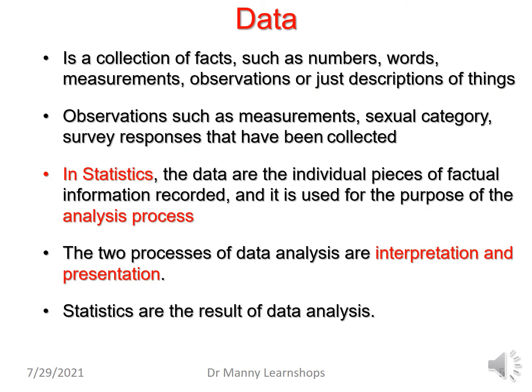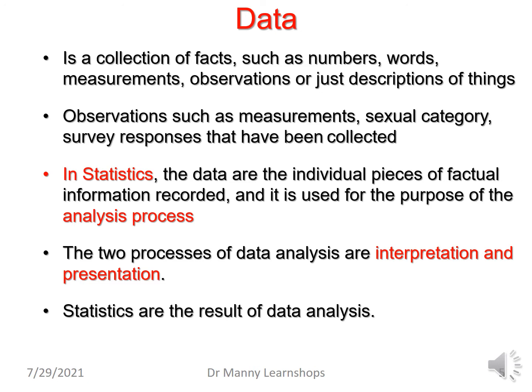Now, data. What's data? Data is just a collection of facts, such as numbers, words, measurements, observations, or just descriptions of things. Observations, such as measurements, sexual category, gender, survey responses that have been collected. In statistics, the data are the individual pieces of factual information that's been recorded, and it's used for the purpose of the analysis process.